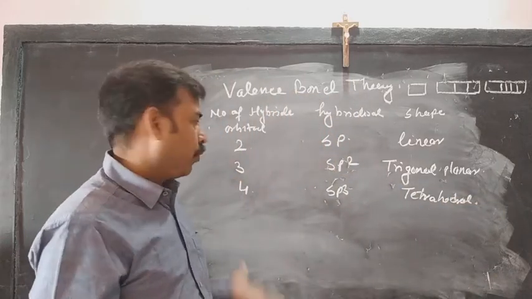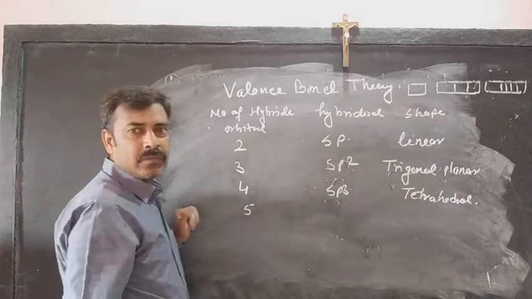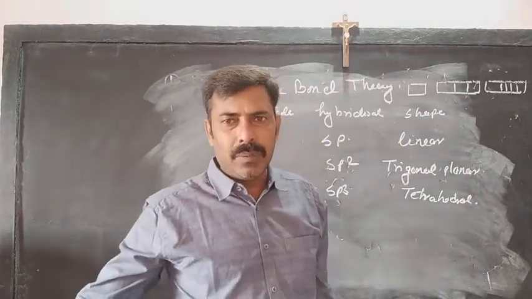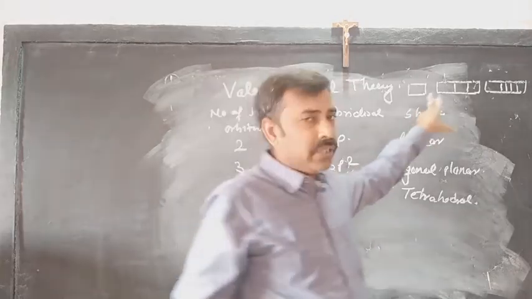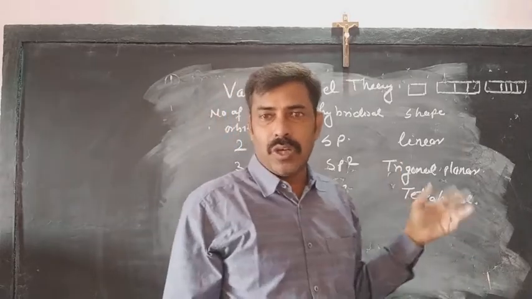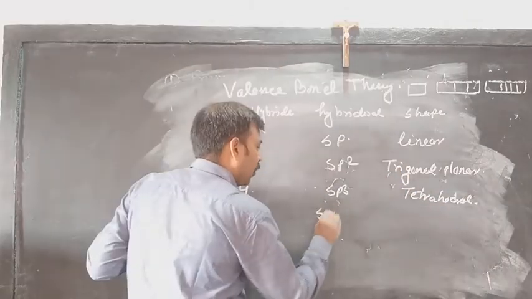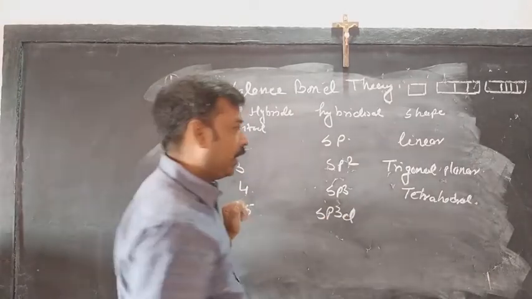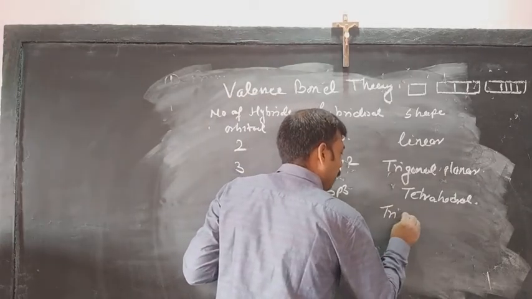In case the number of hybrid orbitals is 5, the hybridization will be 1s and 3p, because 4p is not available. Only 3 orbitals in the p subshell are available. So 1s and 3p along with one of the d orbitals from the d subshell. So it will be sp3d, and the shape will be trigonal bipyramidal.